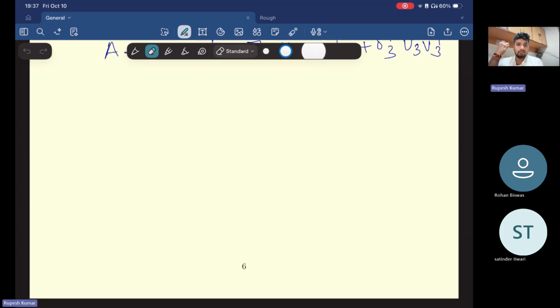Given matrices A is singular, B is singular. Yes, sir, this question. Can you bring it to the page?